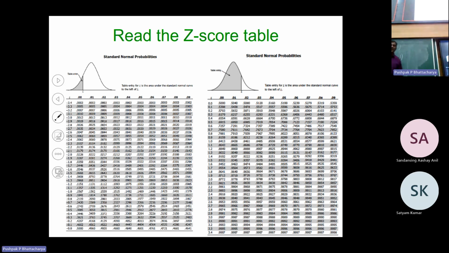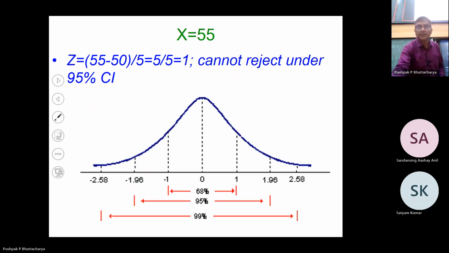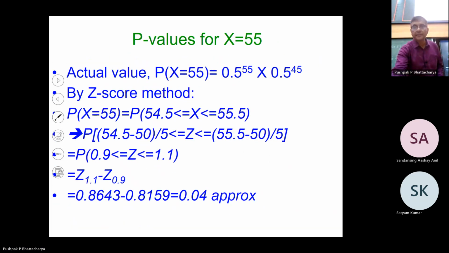And let's check for 55 also. For 55, the confidence in the coin being unbiased should increase. So P(X = 55) by z-score method is P(X = 55), which is 54.5 to 55.5.